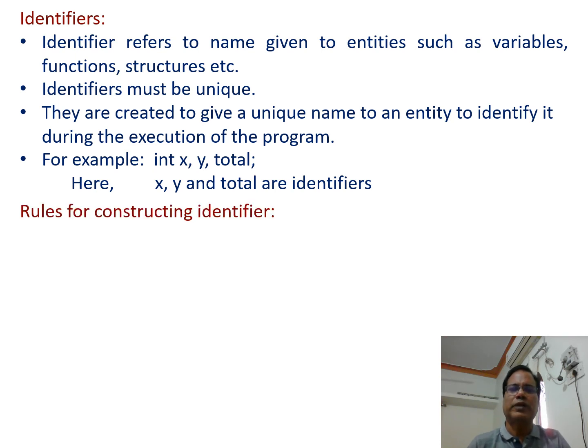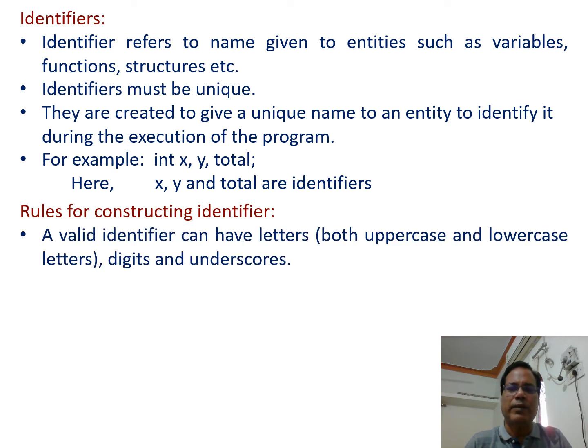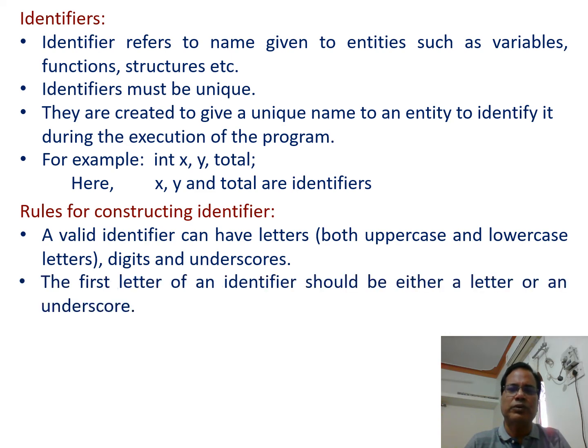Rules for constructing an identifier. Because in a program we have to name some identifiers, we have to name some variables, name some functions. So what are the rules for constructing an identifier name? A valid identifier can have letters, both uppercase and lowercase, digits and underscores.